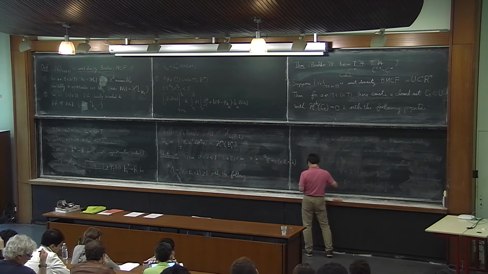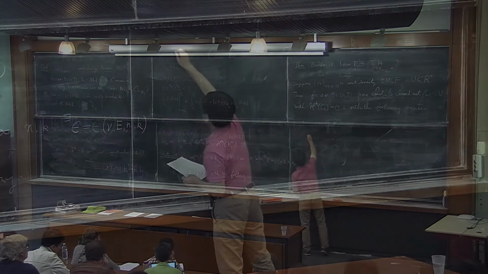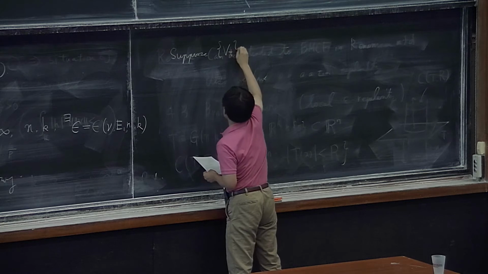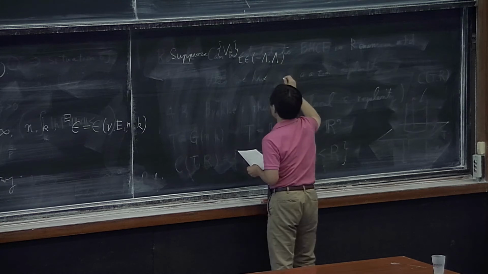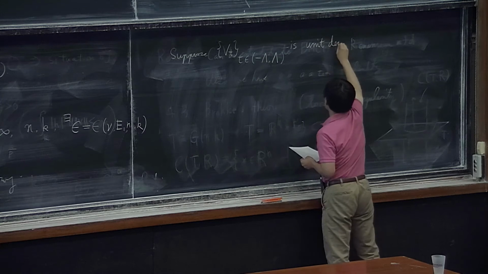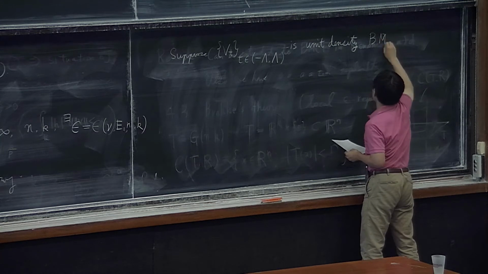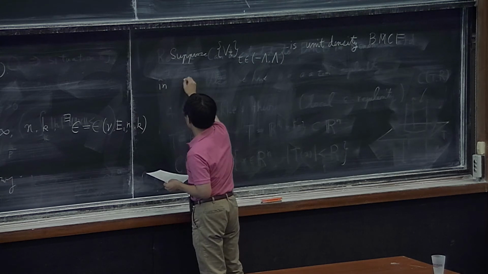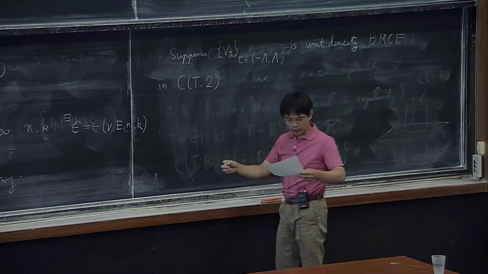Suppose this V_t, with t going from minus Lambda to Lambda, is a unit density Brakke mean curvature flow in the cylinder C_T^2. It's a little bit bigger than 1, so it's 2.